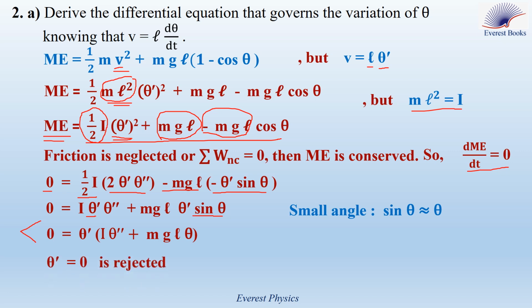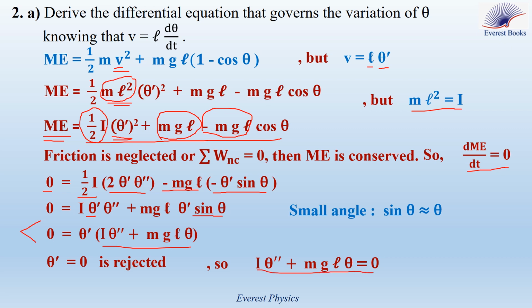The first solution is θ' equal to 0, but this solution is rejected because if θ' is equal to 0, then we have no motion, and this is not the case. Then the acceptable solution is this one: I θ'' plus mgl θ is equal to 0.